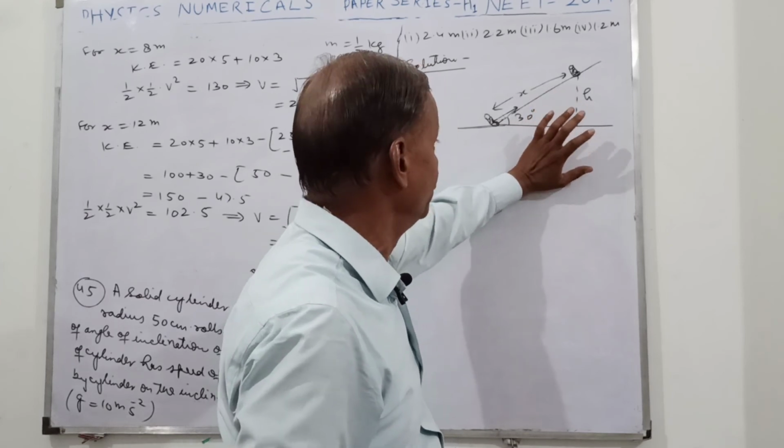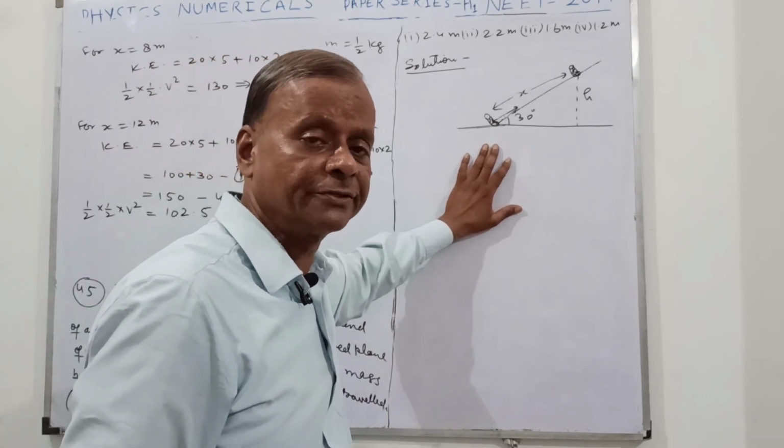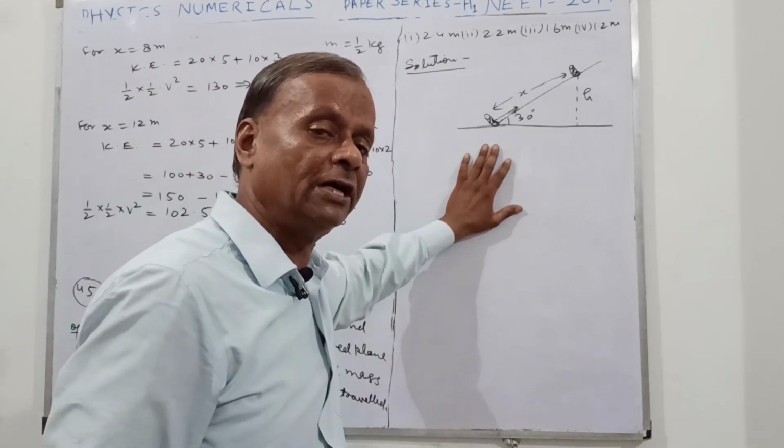So either you use v square equal to u square plus 2as, or you can use the law of conservation of energy. Either way you can find it.